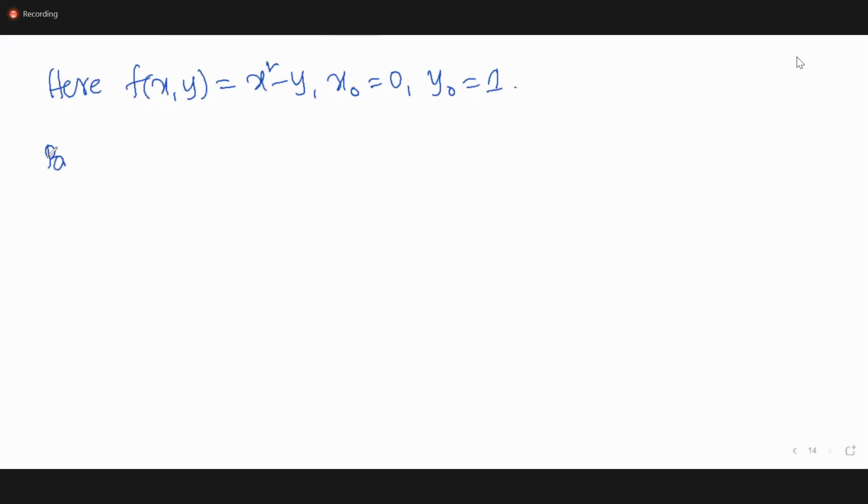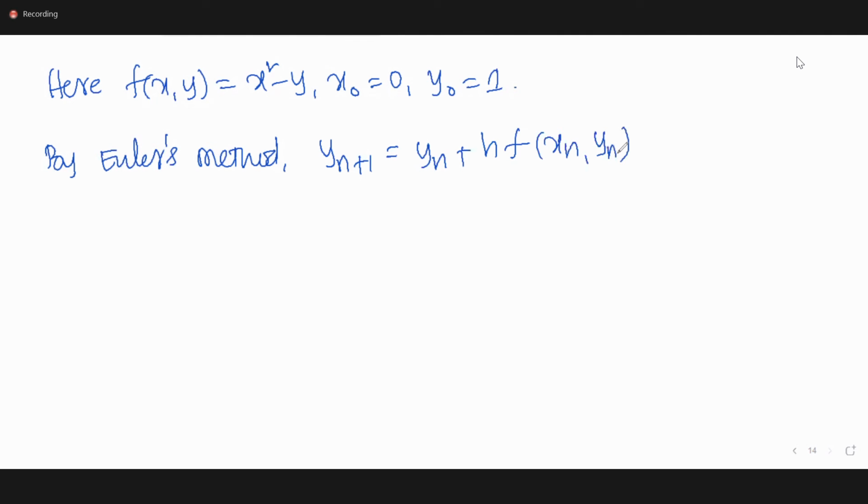By Euler's method, what is the formula for Euler's method? Yn plus 1 is equal to yn plus h into f of xn comma yn. We have to find out only y1, so put n is equal to 0. So y1 is equal to y naught plus h into f of x naught comma y naught.